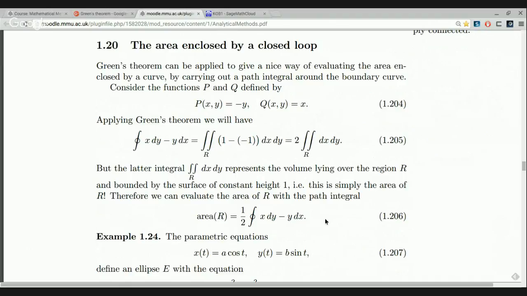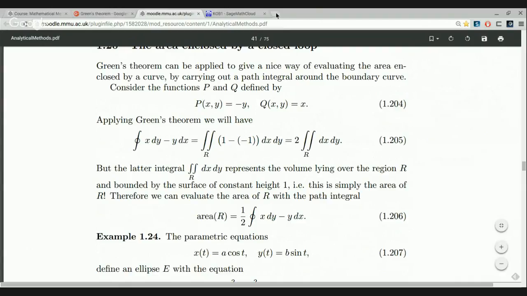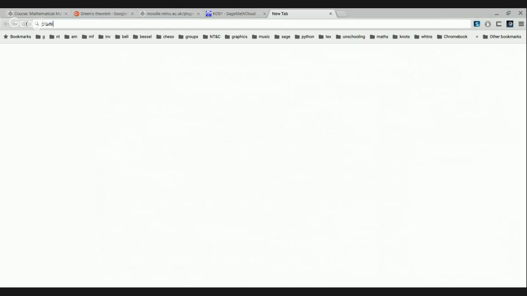And this is quite an important application, an important mechanical application in the field of cartography.